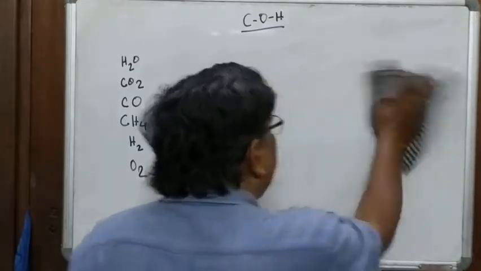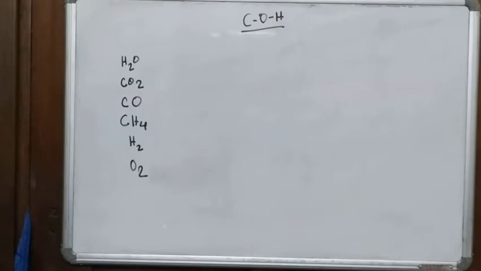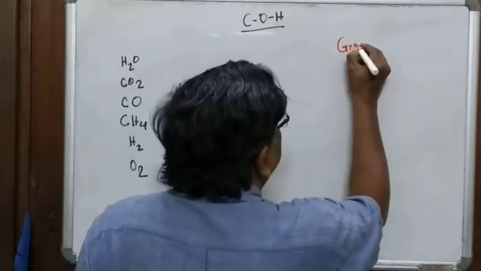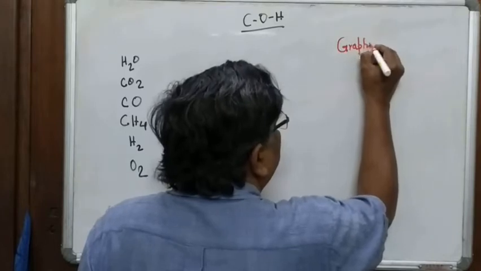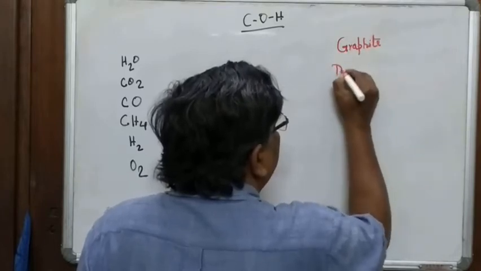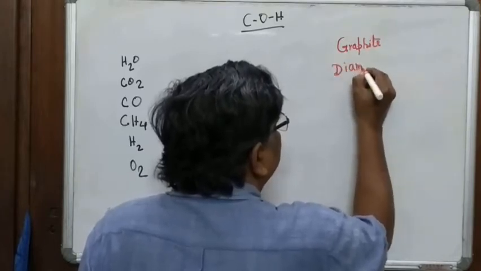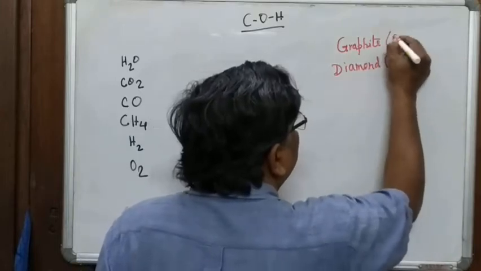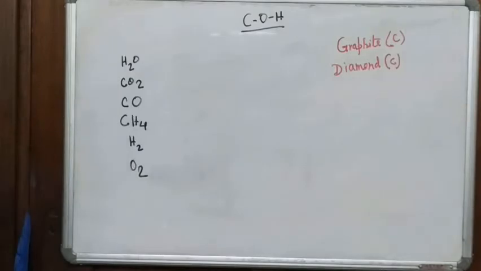There is also another important aspect of this system. You must realize that two minerals, graphite and diamond, both having the formula C, are also a part of this system.